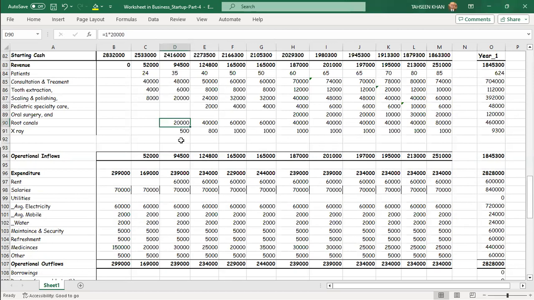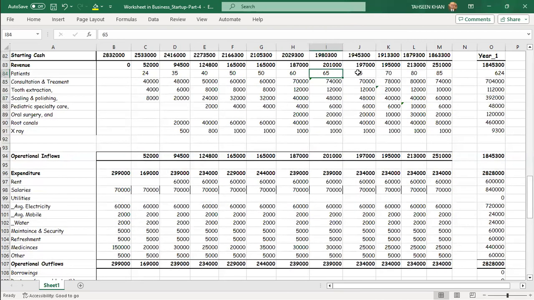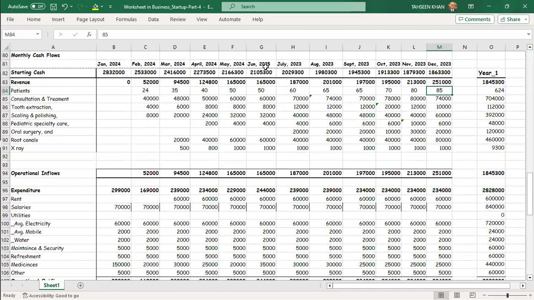Similarly, here we have 40, then 50 patients, again 50 patients, 60 patients, 65 patients, 65 patients, 70 patients, 80 patients, and 85 patients. It's the monthly detail of the revenue. And these are all projected figures, not the actual figures.